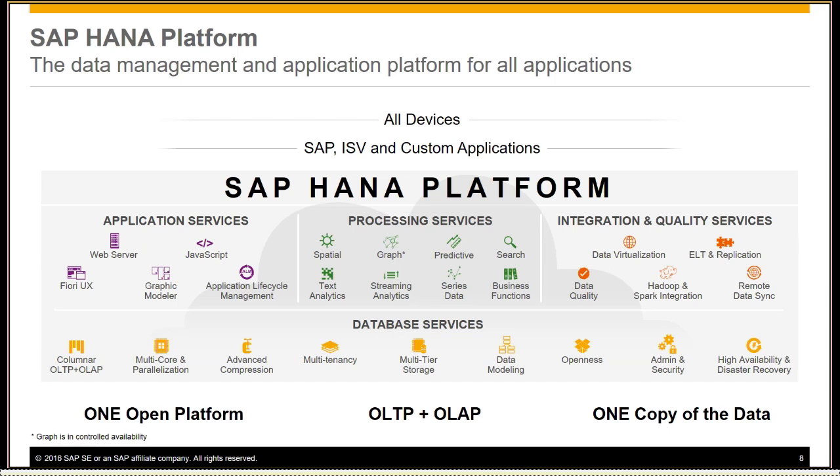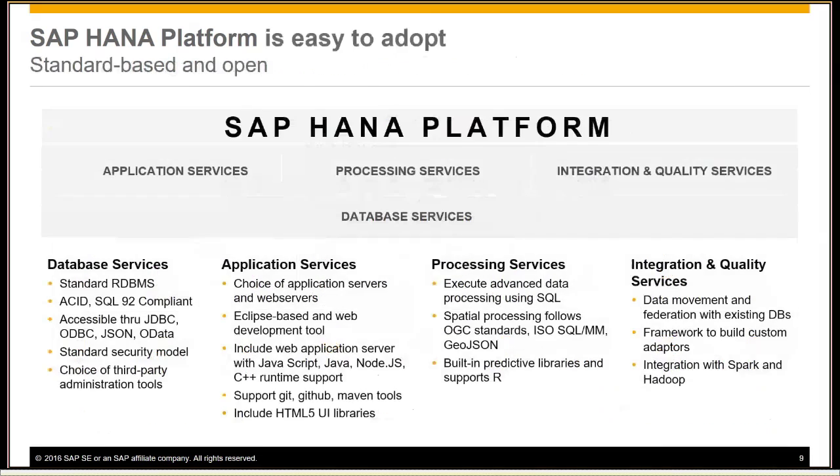So that it not only simplifies your IT landscape, but also improves the productivity from an end user point of view, because they are getting the business insights as the business is happening in real time. So this is essentially a platform for all the applications of any type, taking advantage of the technology benefits on the Intel architecture, which is basically the commodity hardware, right?